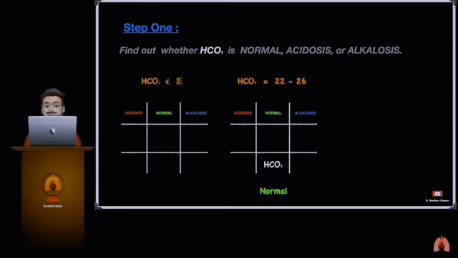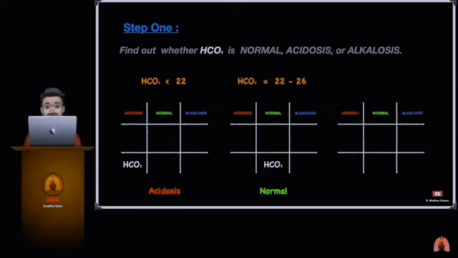If the bicarbonate value is less than 22, it is considered acidotic. So place the HCO3 underneath the acidosis column. If the bicarbonate is greater than 26, place the HCO3 underneath the alkalosis column.